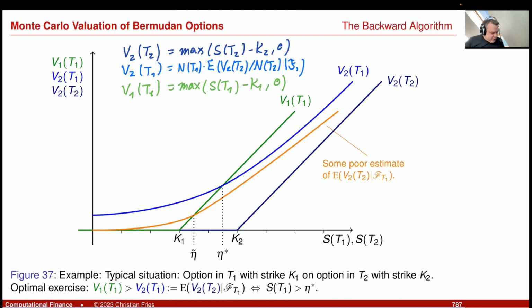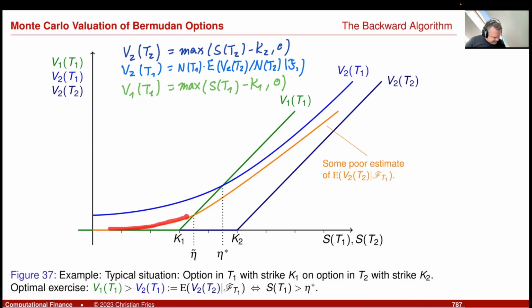Because if your conditional expectation is given by a numerical method that just gives you an estimate, maybe a poor estimate, then you have this error in the decision criteria. So what would you do? You would exercise when you cross this point, because this here is your conditional expectation.